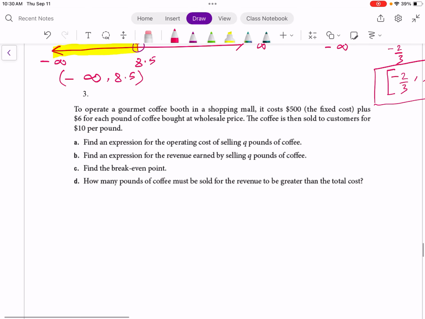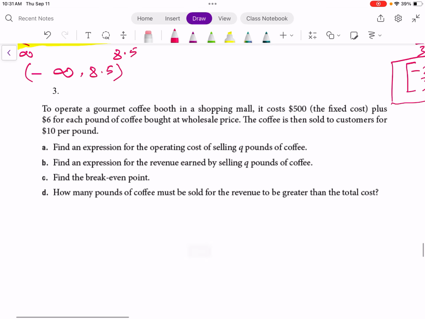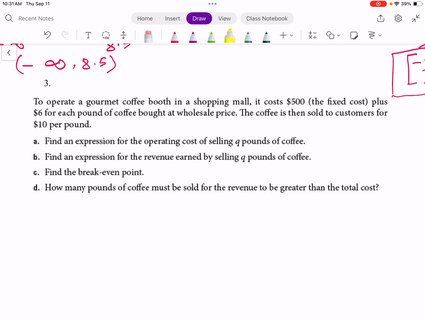Now here we have a word problem. To operate a coffee booth in a shopping mall, it costs $500. This is a fixed price. So to operate any coffee booth, we need $500 plus $6 for each pound of coffee bought at wholesale price.